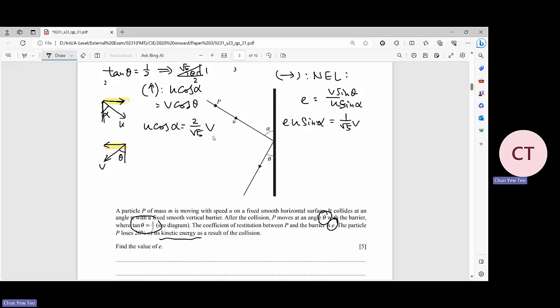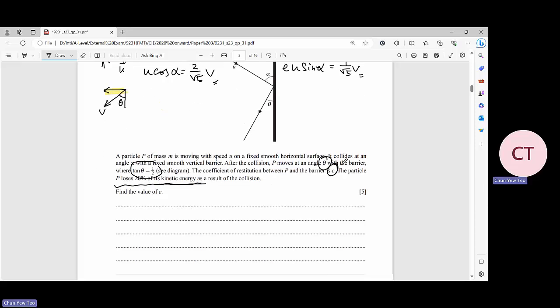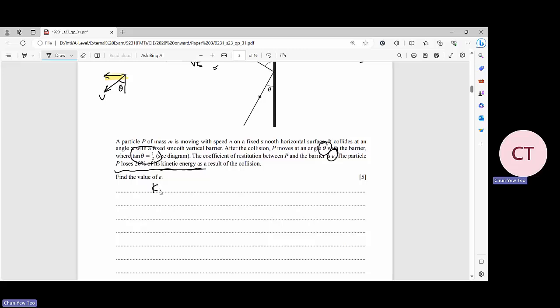Then now we can make use of this information. They say that the particle loses 20% of its kinetic energy as the result of the collision. The kinetic energy is referring to the original kinetic energy, half m u square. So KE loss is half m u square minus half m v square.